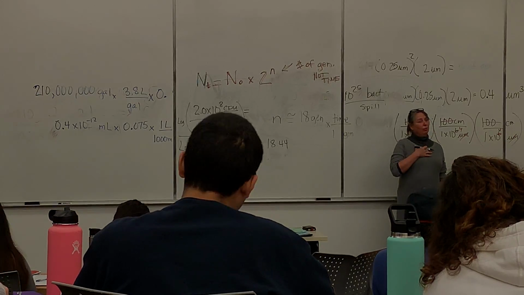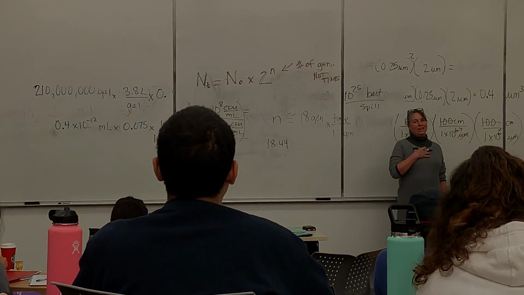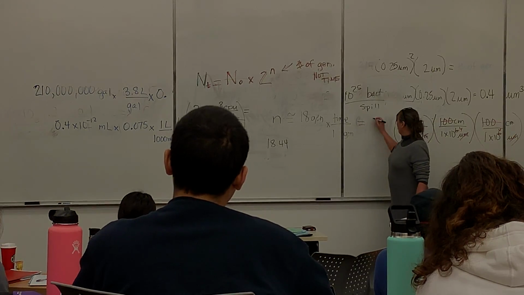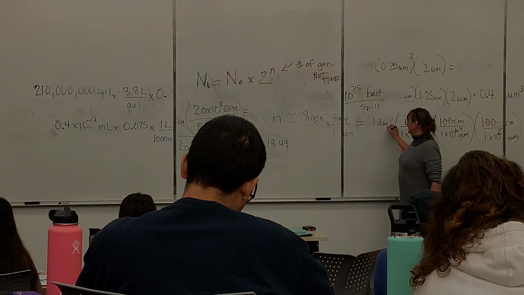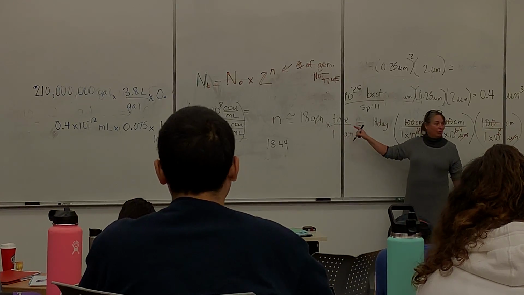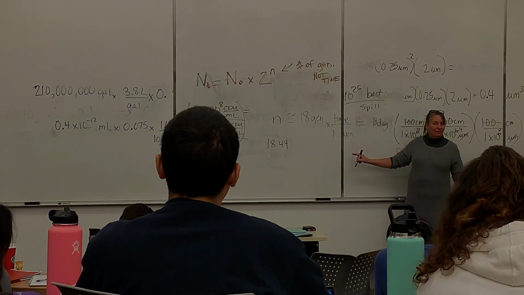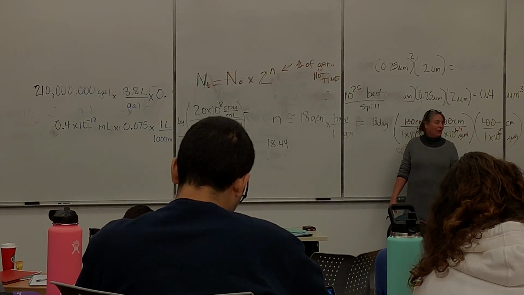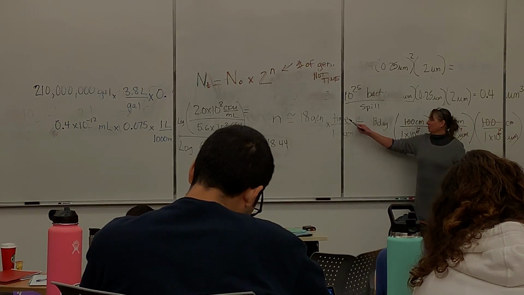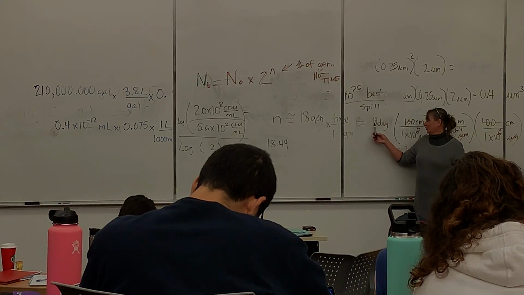Well, we as a class decided the generation time was 1 day. So we would say 18 days, right? Because it was 18 generations, and our generation time was 1 day. The exam that I grabbed here, they estimated it was 2 days per generation, and their answer was 36 days.